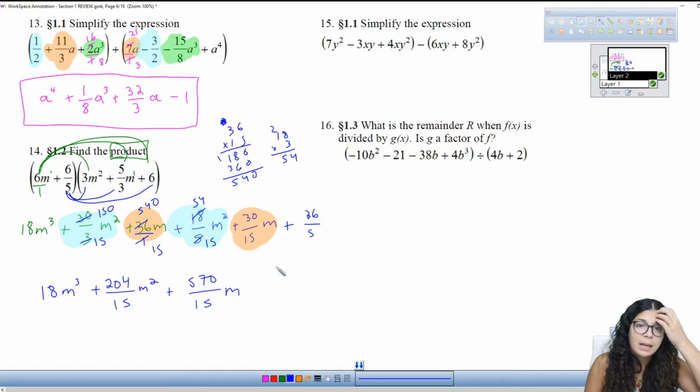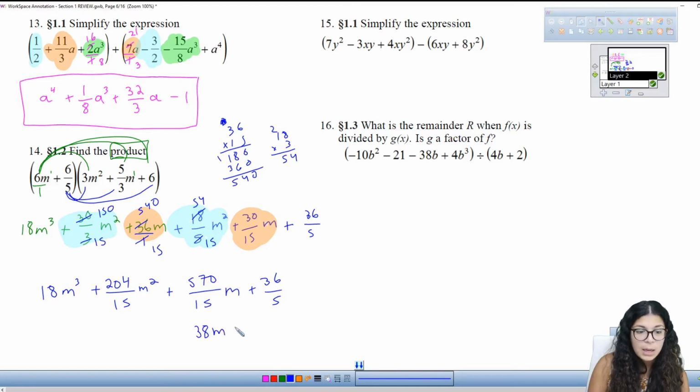And then lastly, I can bring down the 36 over 5. Now, remember, you cannot just leave it like this because you need to simplify, right? So we can go ahead and simplify 570 over 15. That actually simplifies to 38. And 36 over 5 can't simplify at all, so you just leave it like that.